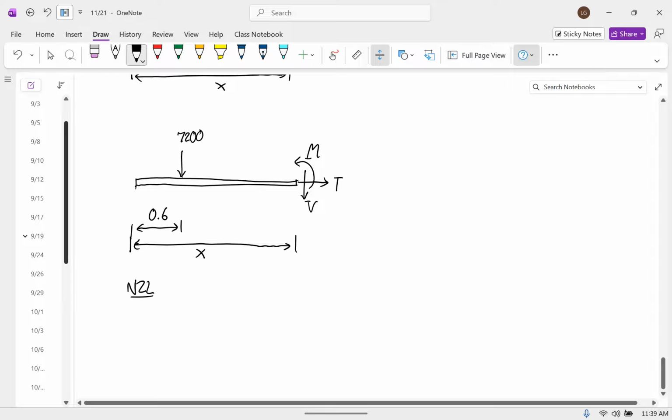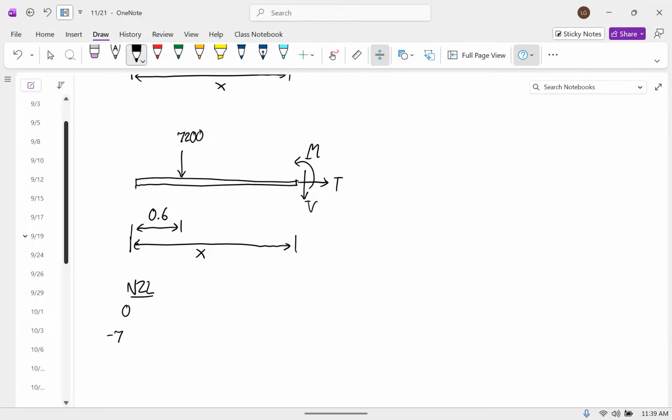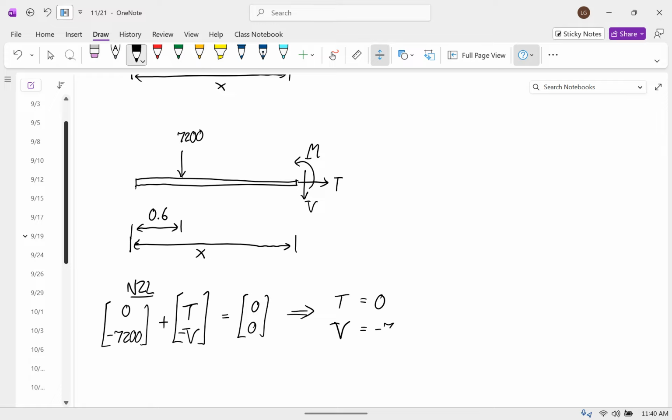So Newton's second law says 0 = negative 7,200 plus, I'm going to combine these into one thing, I'm just adding them together, so T minus V is equal to zeros. So T is 0, and V is negative 7,200.